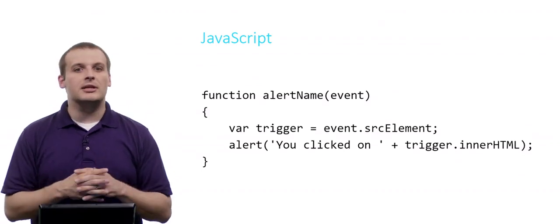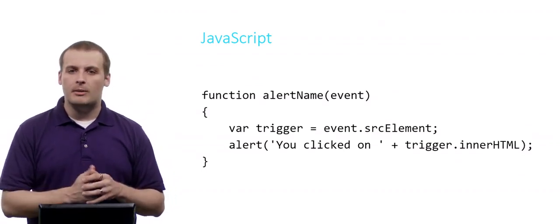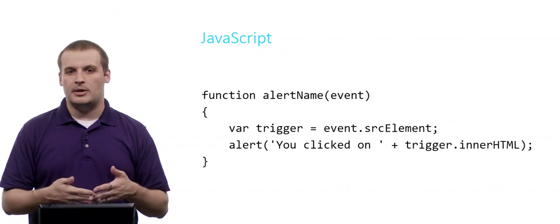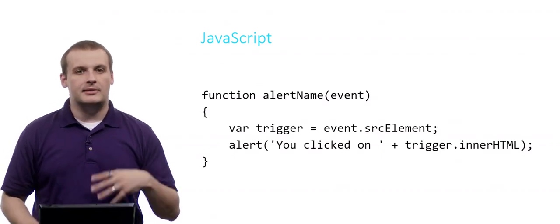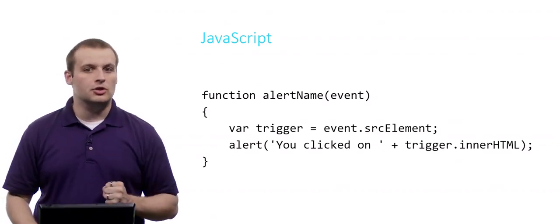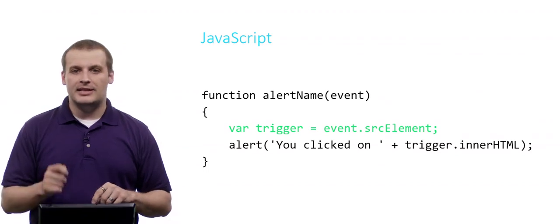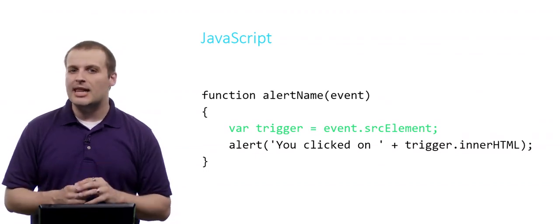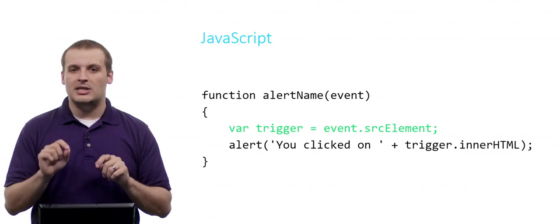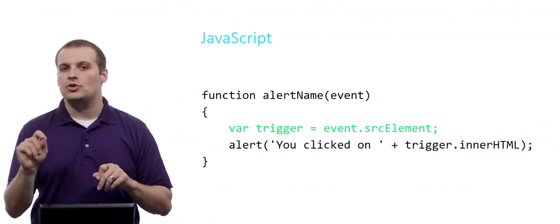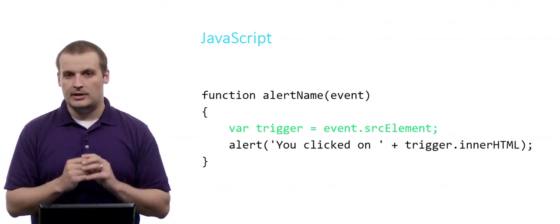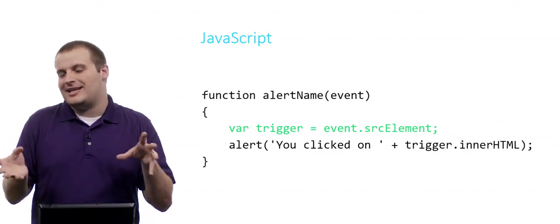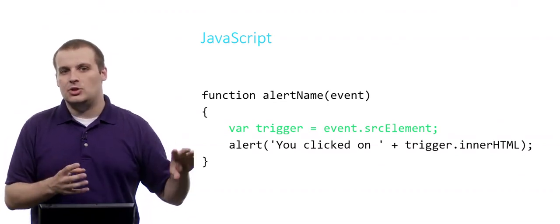So for example, here's what the alert name function might look like. And notice that here I'm also accepting an event parameter. What am I doing then? I'm getting a new JavaScript local variable called trigger. And I am asking for that event's source element. What that is basically telling me is, what is the element on the page that was interacted with that triggered this event? Or rather, put another way, what element effectively was passed in to this function?